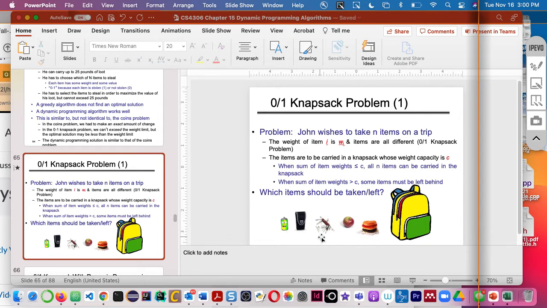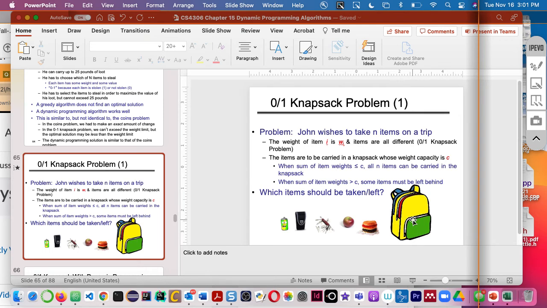So there are maybe 5 different items, and each item has its weight, and each item has its profit. The problem is that you are asked to choose which of these items you should select to get maximum profit, with the limit of your bag weight.